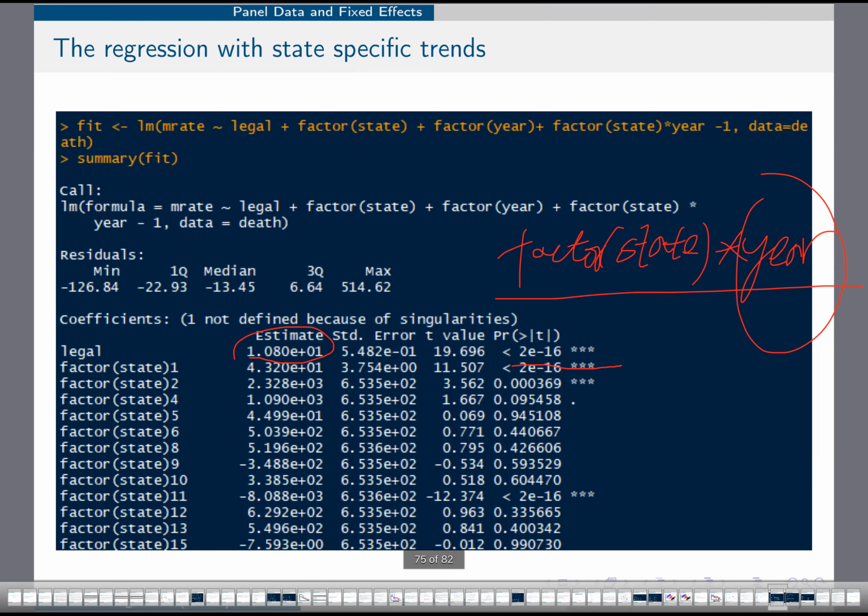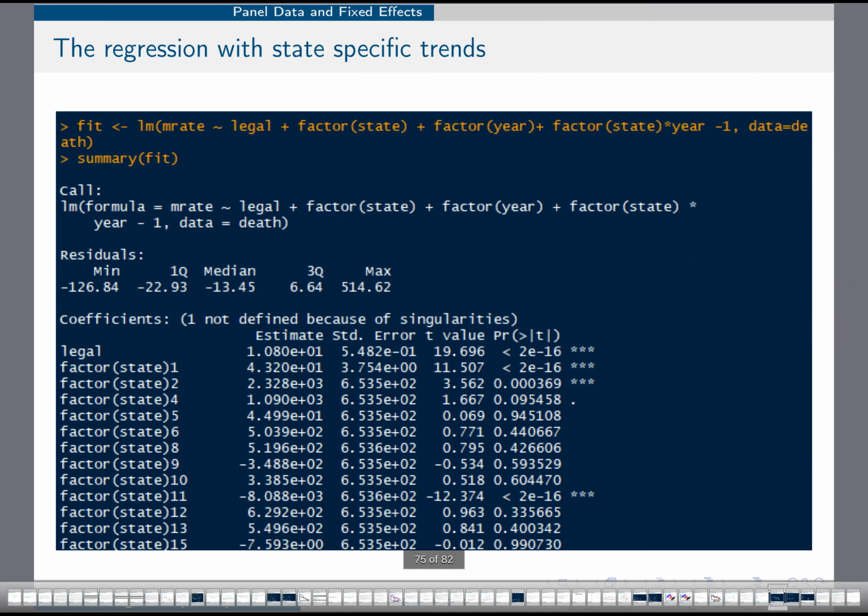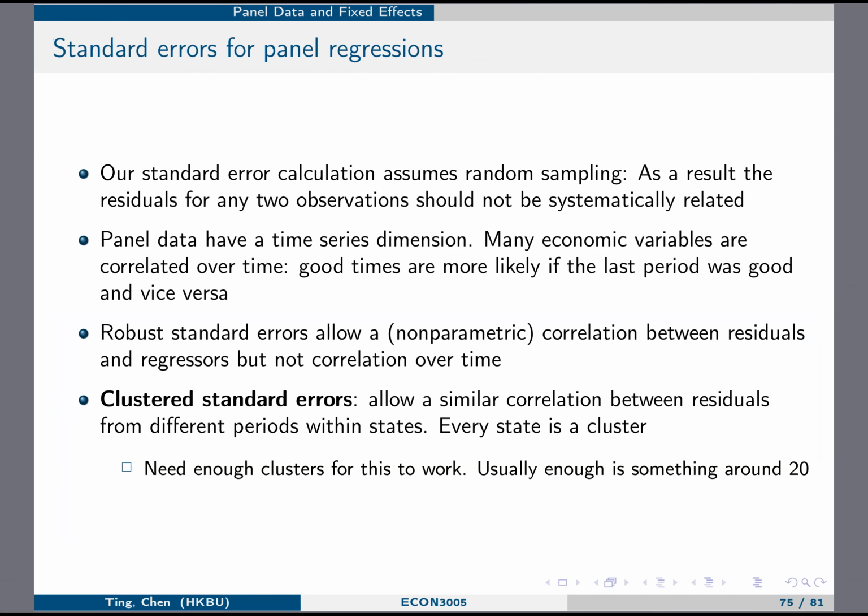Indeed, lowering the legal drinking age in these states led to more deaths among the youngsters, significantly more. So now that's about the estimate of delta.